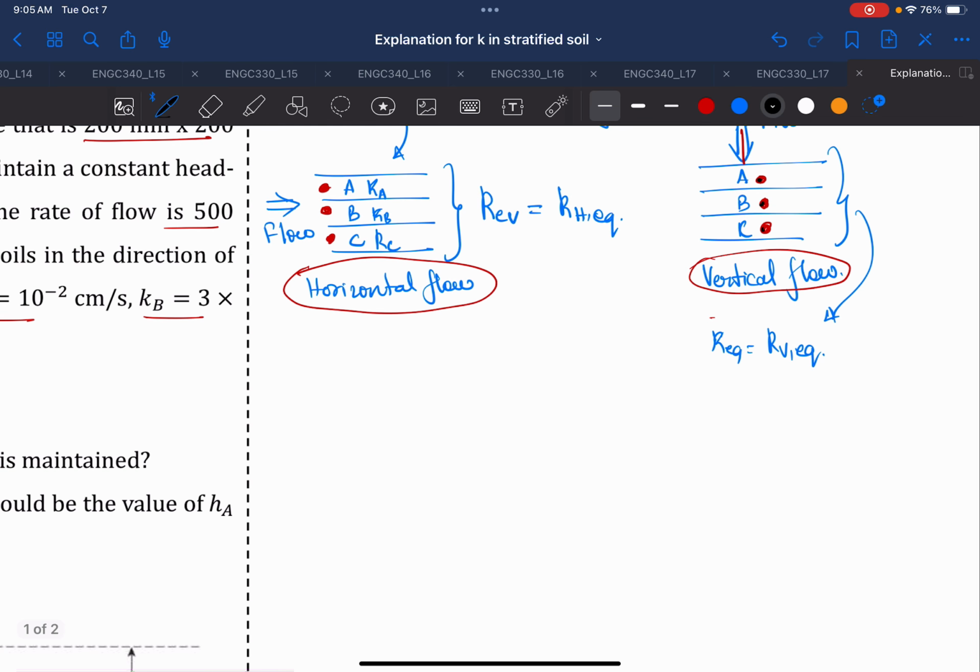So our K in this case will be equal to KV equivalent. If you look at the formula for calculating KV equivalent, this is a vertical flow.